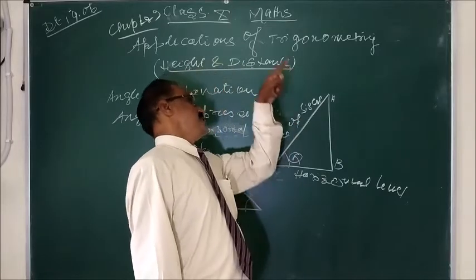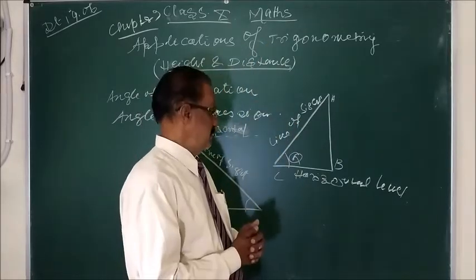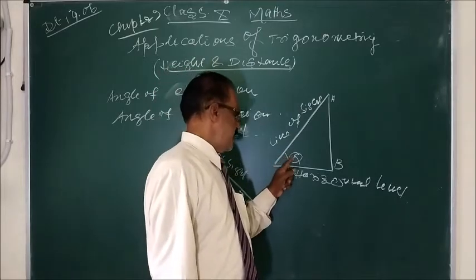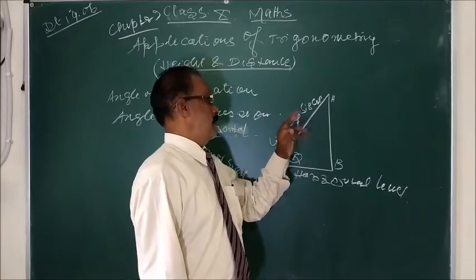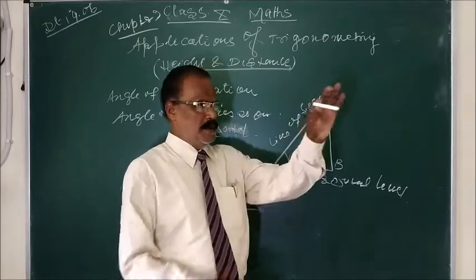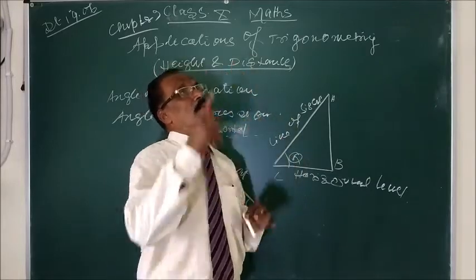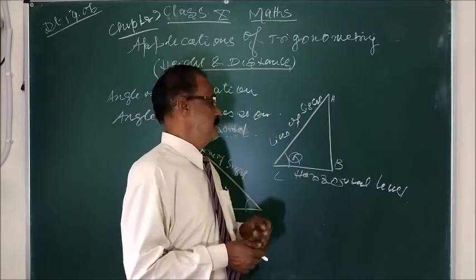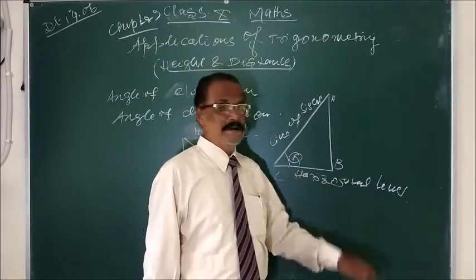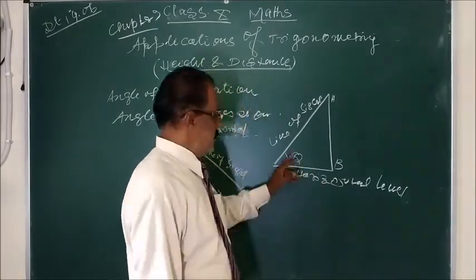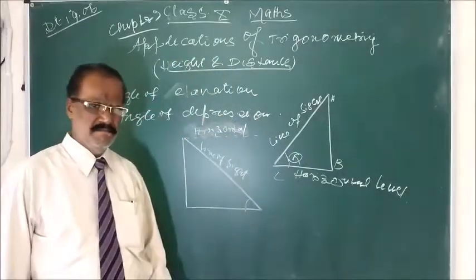And if you are watching the high object to the top, an angle is formed here. This is called line of sight. Now if you are watching the top of any object, the angle will be formed with this horizontal level. This angle is called angle of elevation.